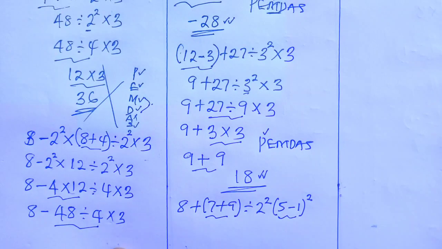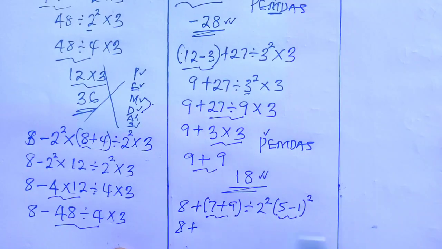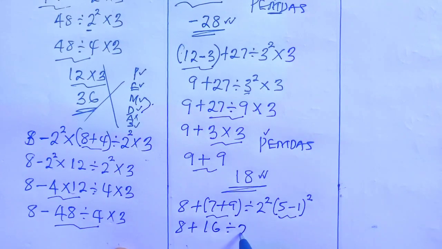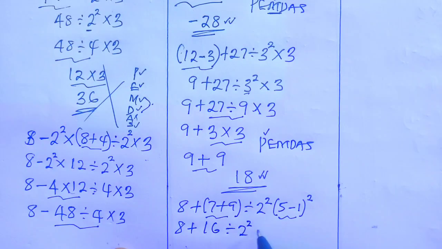Now here, we are going to have 8 plus 7 plus 9 here, that should give us 16, then divided by 2 to the power of 2. Then in parentheses here, we have 5 minus 1, that gives us 4, then to the power of 2.